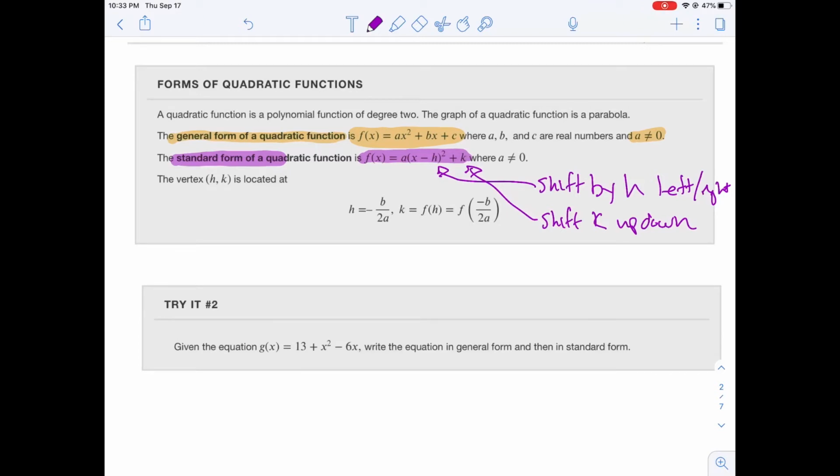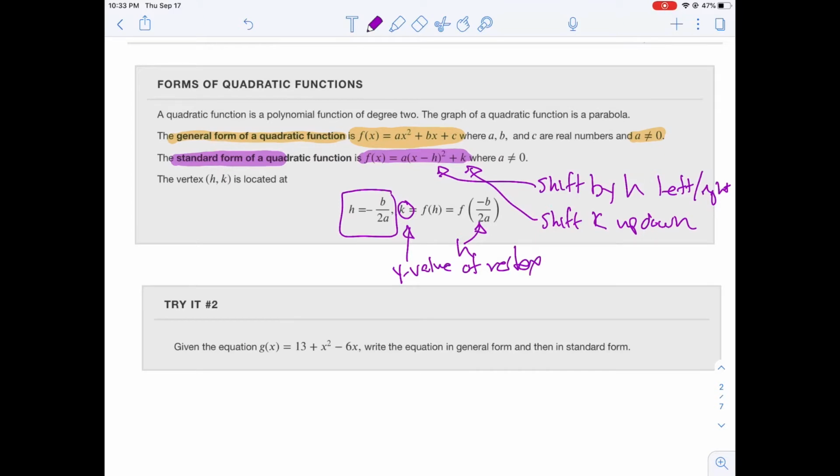We're going to show you some of the algebra to connect a and b to h. It turns out that h is always equal to negative b over 2a, and k is equal to the height at that point. So plug h into the function, and you find the height at the vertex, the y value of the vertex.